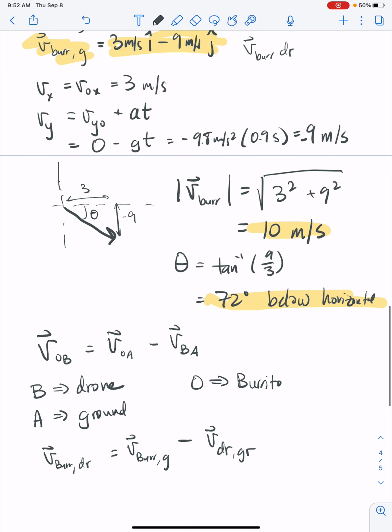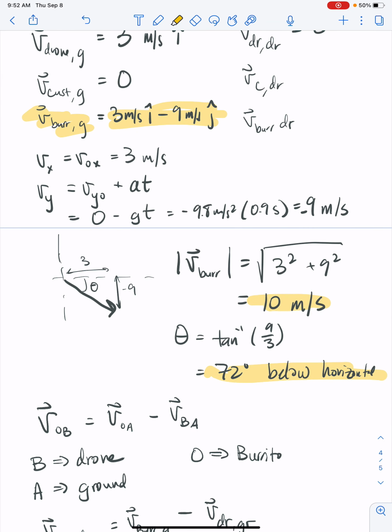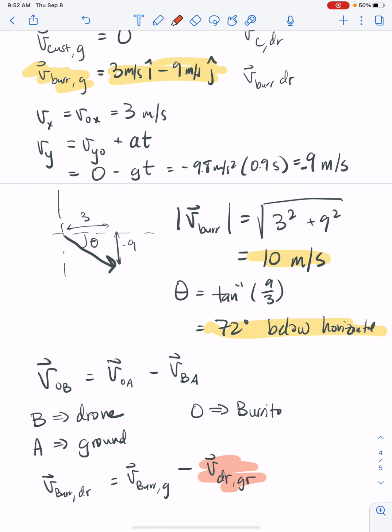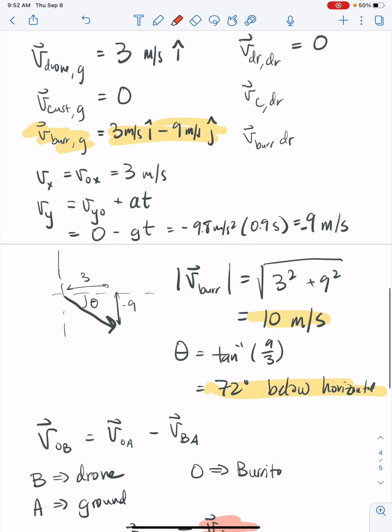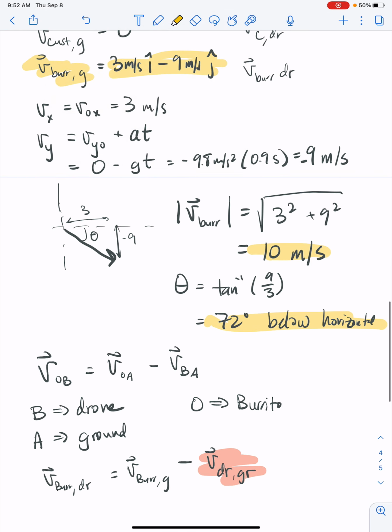Okay, so we've found each of those up here, right? I can't quite fit them all in one view, so let's just scroll down. The velocity of the drone in the ground frame is this one, and the velocity of the burrito in the ground frame is this one, right?